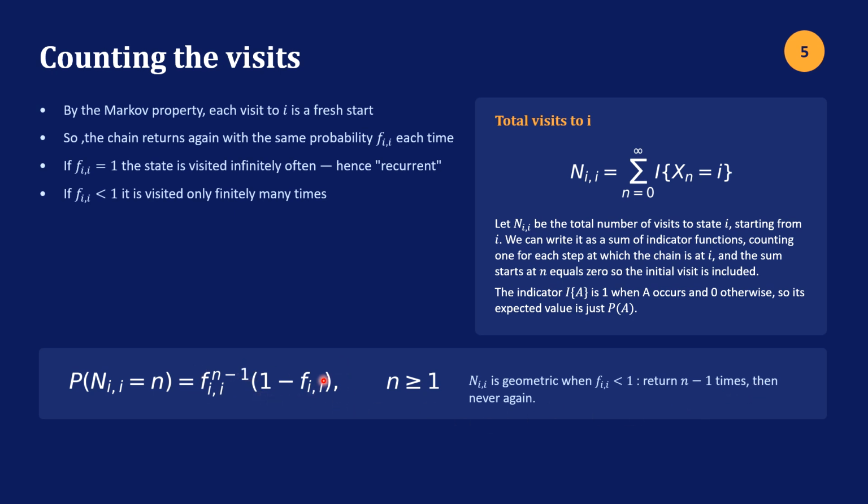That's this probability that you don't come back. So that's in the case where f sub I is less than 1. You can actually compute the probability of the number of returns. And of course, if f sub I equals 1, there's an infinite number of visits, so you wouldn't use this formula in that case.